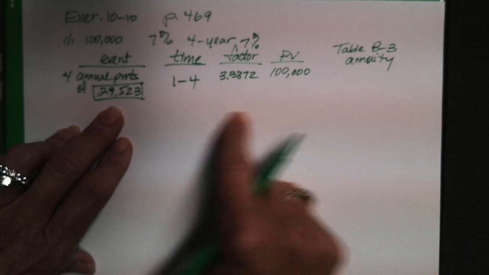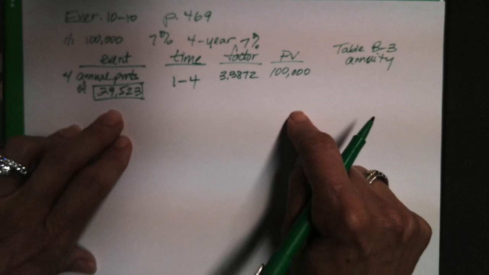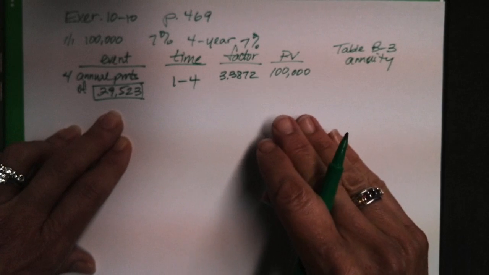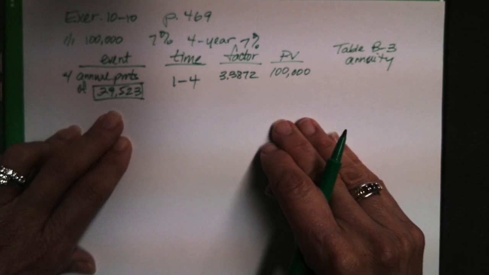Now we're going to make an amortization table. I make mine in a little different order than your author, but that's good because I want you to be flexible. You never know where you're going to go to work and how they're going to want you to do it.